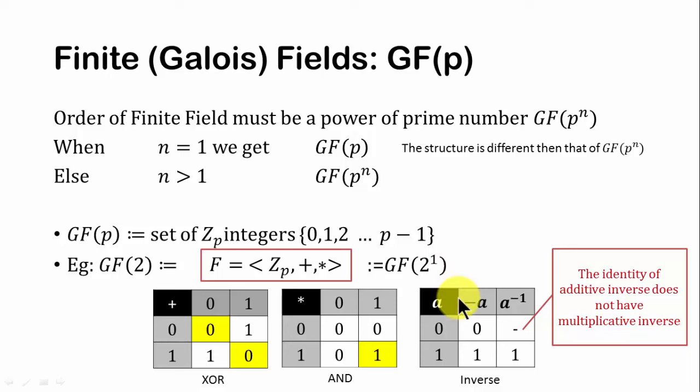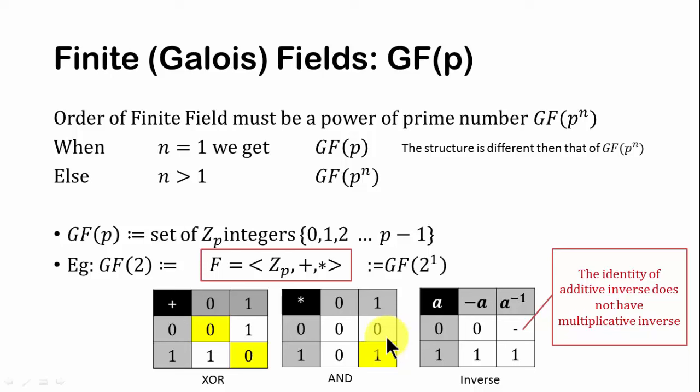If we check the inverse, then the inverse of 0 in additive operation is 0. The inverse of 1 is 1, because we are getting the additive identity, that is 0, in the case of 0 0 and 1 1.